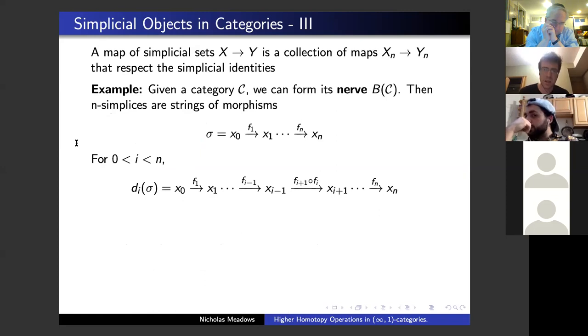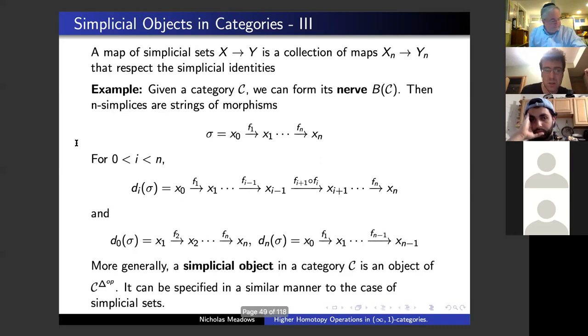If I have a category C, then I can form a simplicial set whose n-simplices are strings of n morphisms. For each i between 0 and n, the ith face map is the string obtained by composing f_i and f_{i+1} and leaving everything else. For d_0, you delete the first morphism. For d_n, you delete the last morphism.